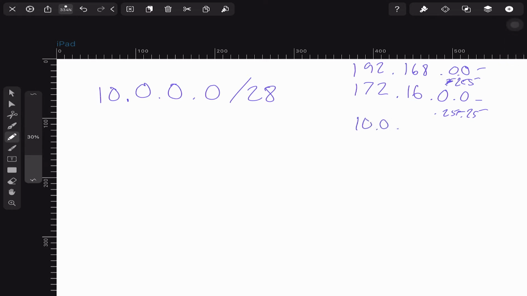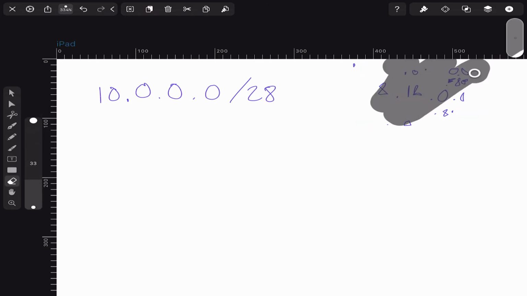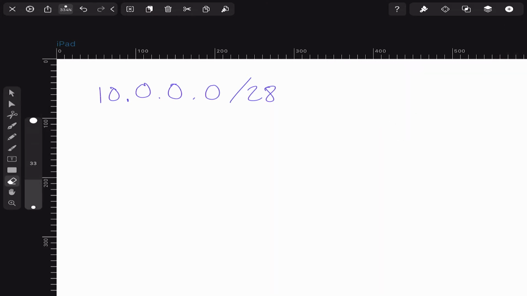And then 10.0.0.0. So these are the 3 private IP address ranges that you can use. So any IP address that isn't in these 3 blocks of IP addresses is publicly routable, as in you can go and talk to the internet. So if you go and say, what's my IP, you'll notice that it's in the range of the public IP addressing space. So I'm going to erase that. Just some prerequisite knowledge and good knowledge to have as well.